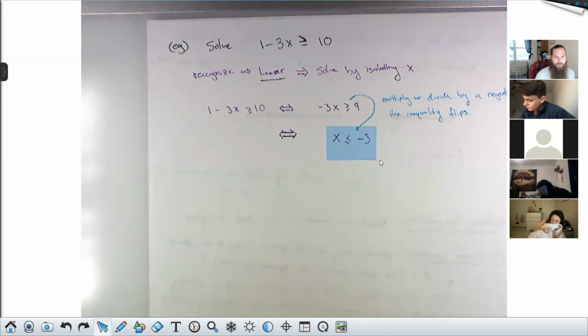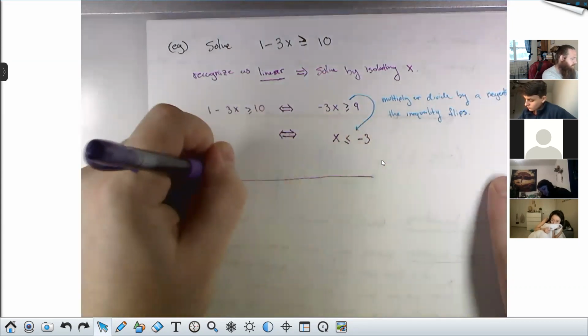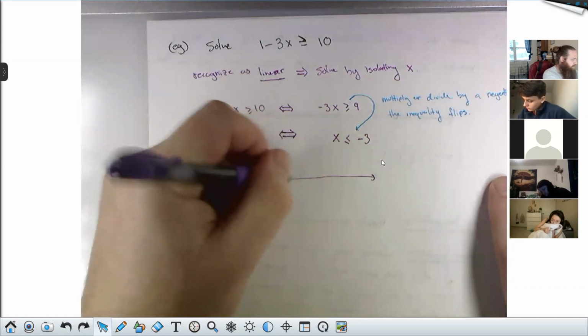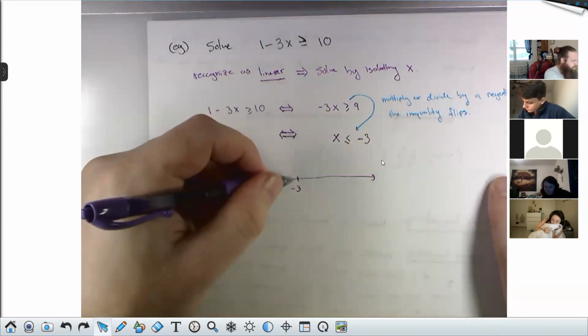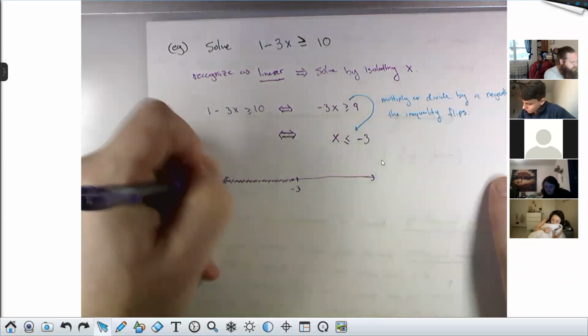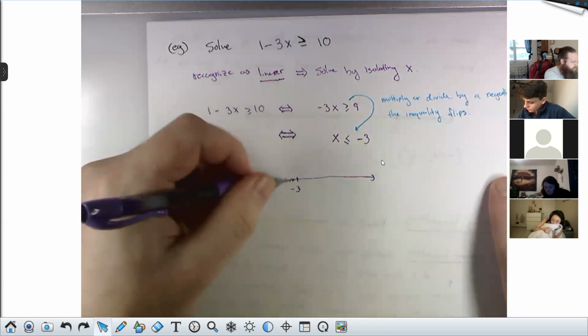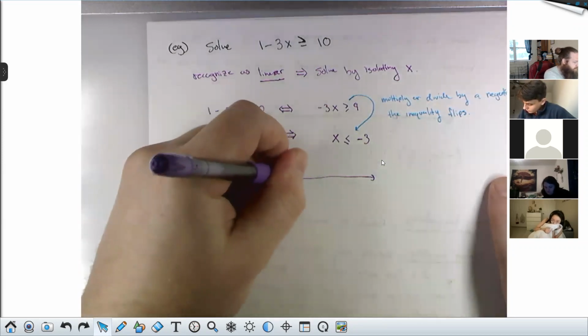I know how to write that in interval notation. I know how to graph that. Let's go ahead and graph that. So maybe -3 is right here. Everything that is less than or equal to -3 is all the stuff to the left of -3. And because it's less than or equal to, we include the -3 itself.